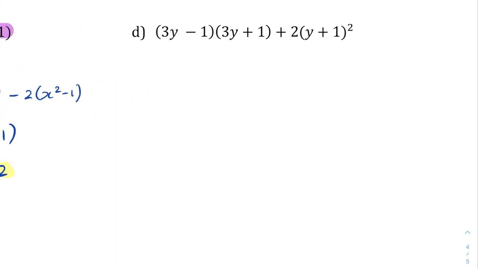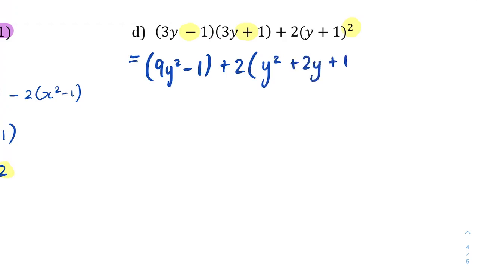Wow, this one looks pretty complicated. Not really. When you look at it, we have an exponent here of power of 2, and there's a difference of squares. So now we're going to do it in one step. Let's see how good we are. So 9y squared minus 1 plus 2y squared plus 2y plus 1. Simplify.